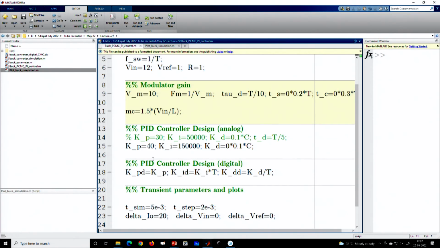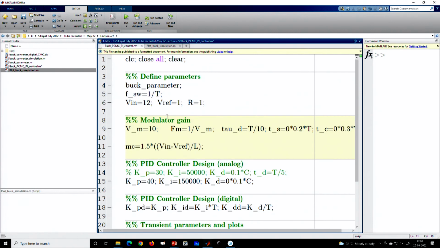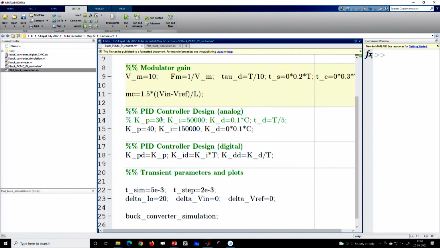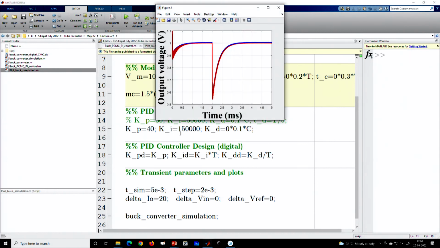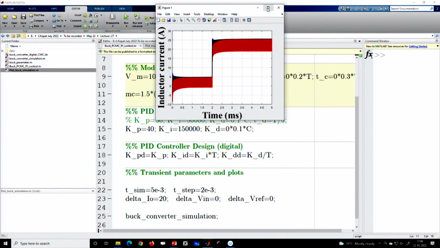Now, suppose I want to say, what is the rising slope of the inductor current? It is something like Vin minus, let us say, Vref. So let me check, yeah, it is Vref. So suppose I take just Vin as my inductor rising slope, 1.5 times, will it work? Let us see. It is still working.